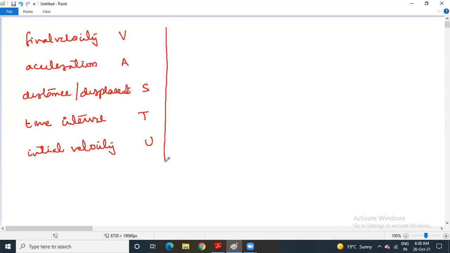making use of these quantities, now we are going to develop the equations. So you can write that equations of motion are used to explain the motion of the body.